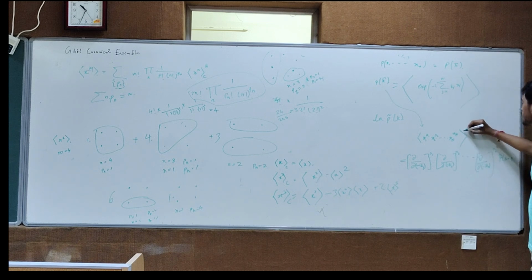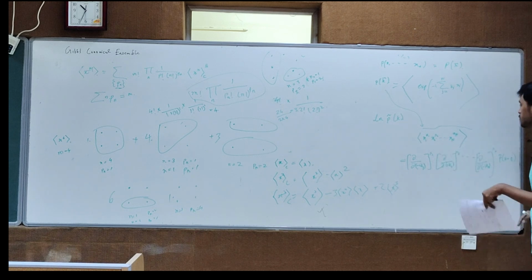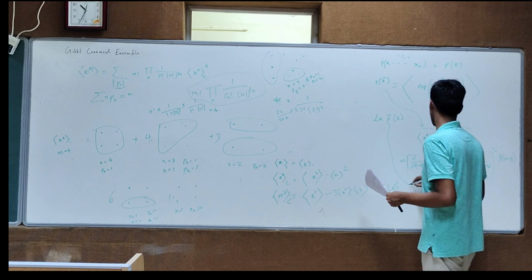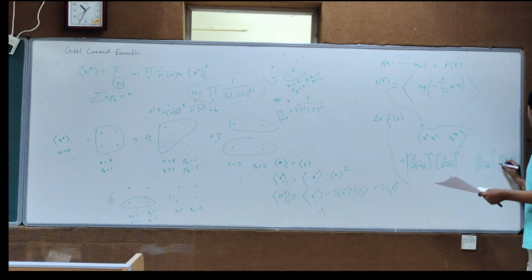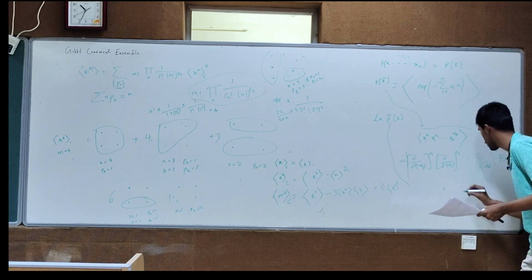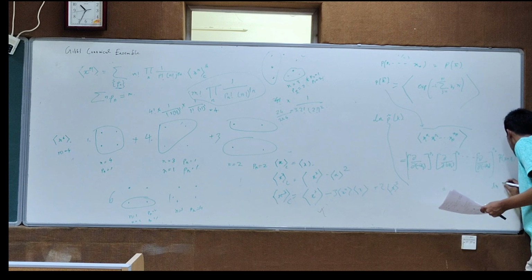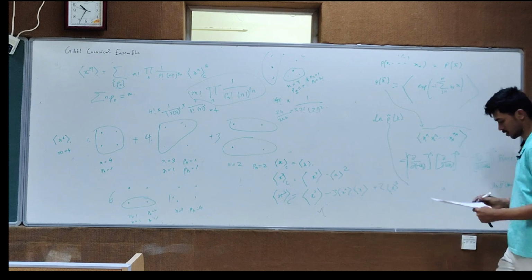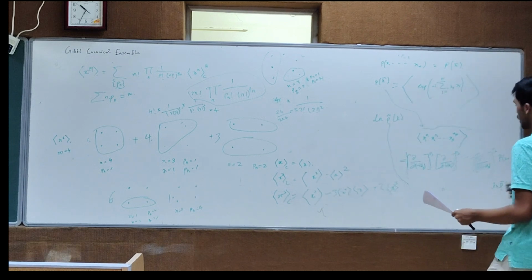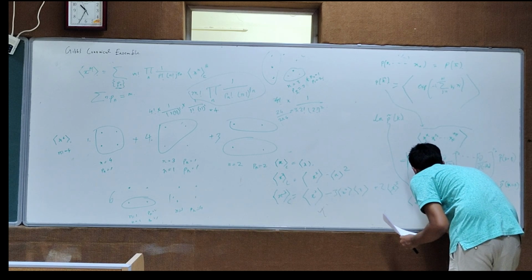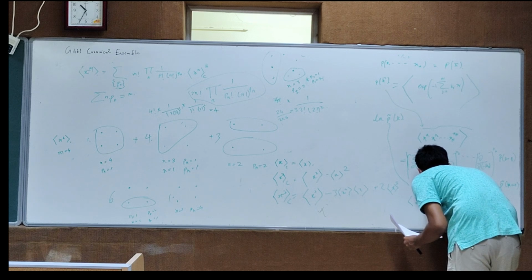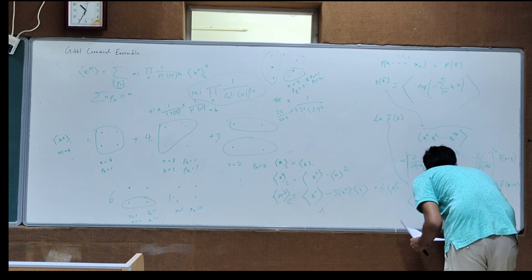Then you finally get this moment, x1 power n1 times x2 power n2. Similarly, if you take this derivative of the log, this would basically give you a similar cumulant, x1 power n1, x2 power n2, and so on.